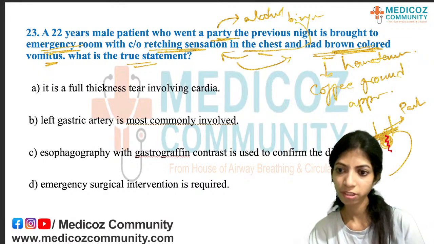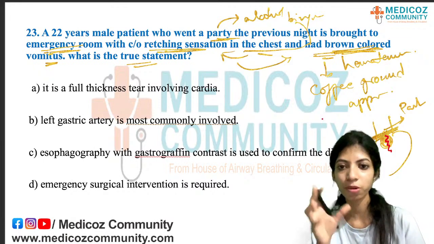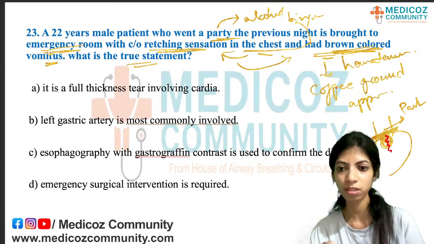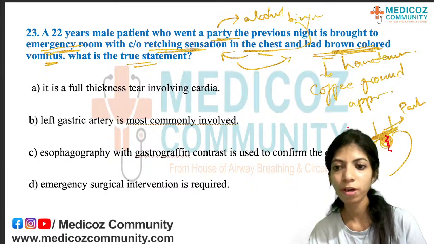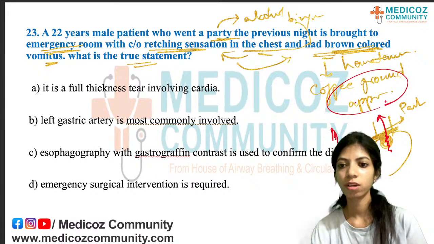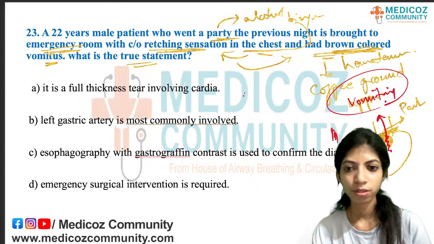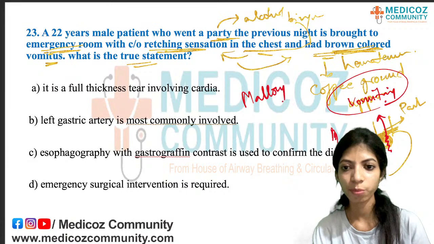This partial thickness tear is just involving the mucosa and the submucosa. The whole of the muscularis is not involved. So there is no perforation here, just bleeding, which comes out as this coffee ground vomiting. So our diagnosis is the Mallory-Weiss tear.